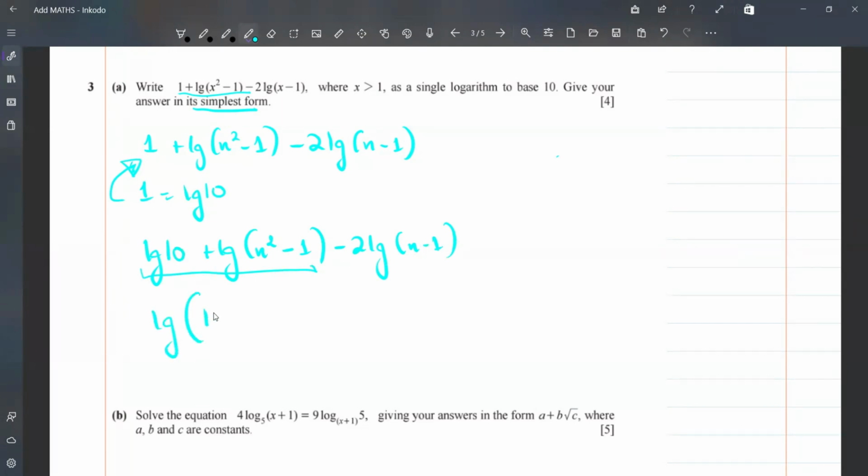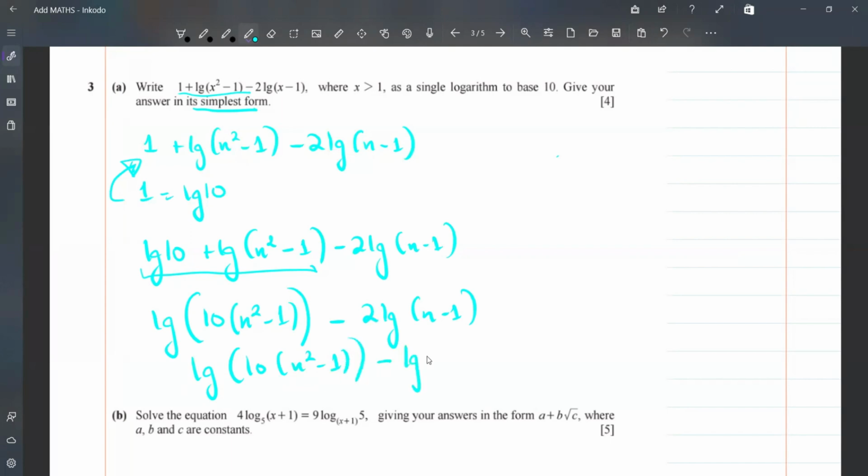lg 10. Whenever two logs with the same base are added, we multiply the arguments. So lg 10(x² − 1) − 2 lg(x − 1). This becomes lg 10(x² − 1), minus, and this can be written as lg(x − 1)² as per the rules of logarithms.